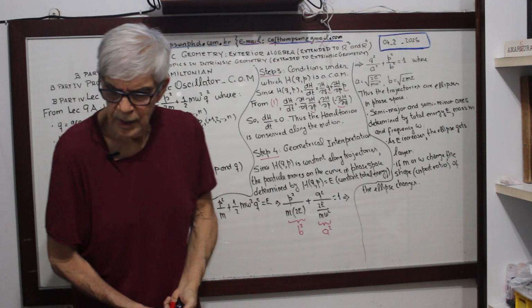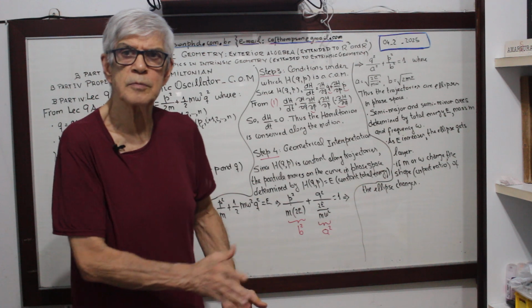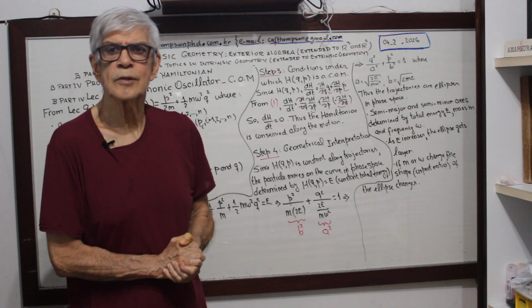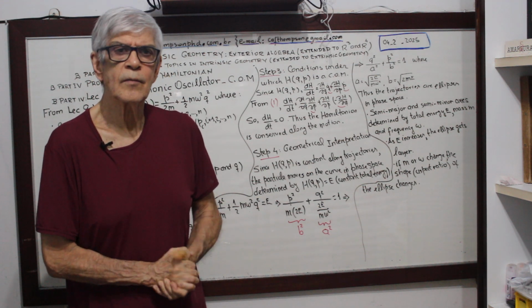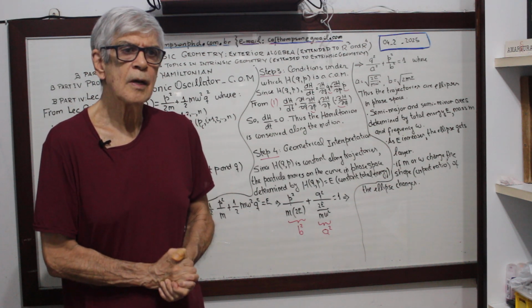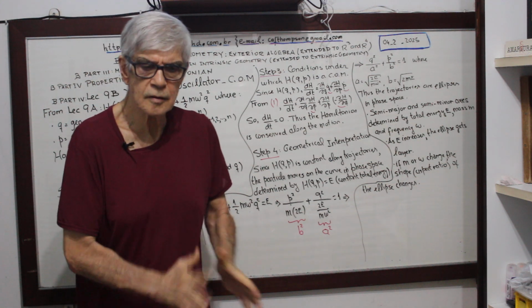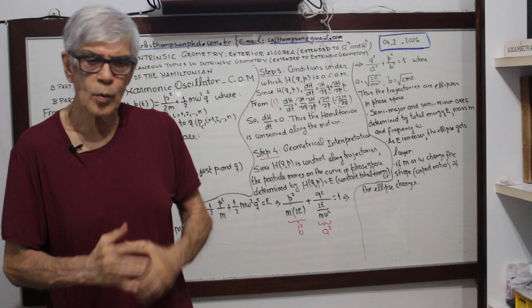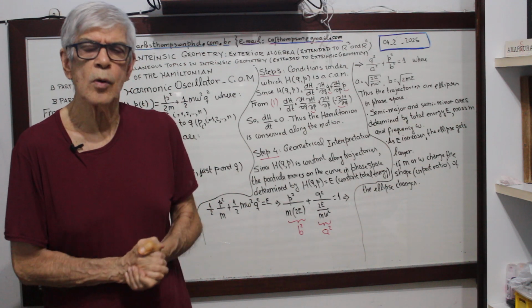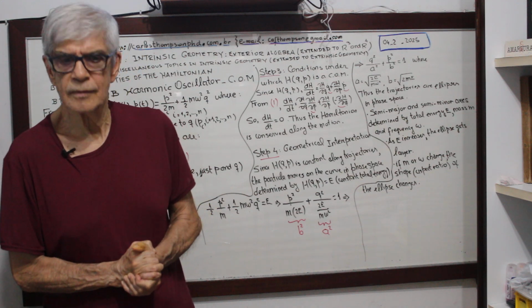So that's a geometric interpretation of this problem: the Hamiltonian is a constant of motion, and the trajectories are ellipses. See, that's it. That's one application. A second example, applied to constant of motion. That's it.